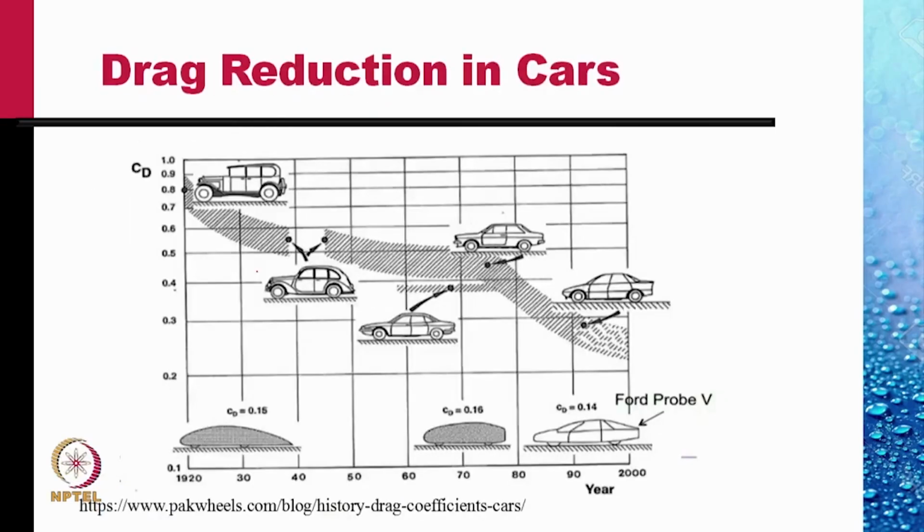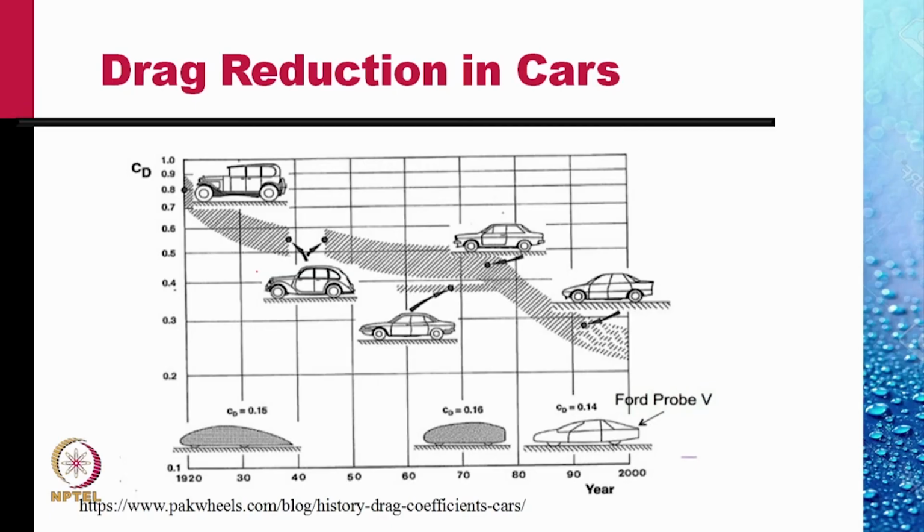This graph shows the evolution of cars from 1920 to the year 2000. And we see how the shape of the cars changed and how the drag coefficient changed. The drag coefficient is a non-dimensional number that indicates how much drag there is.